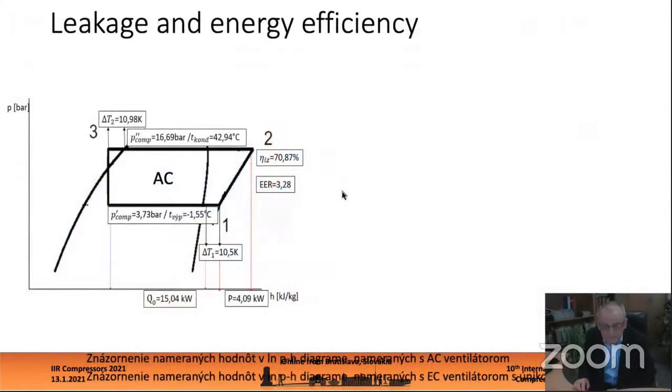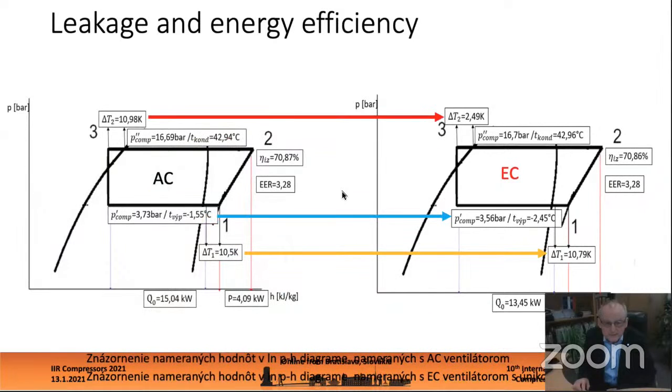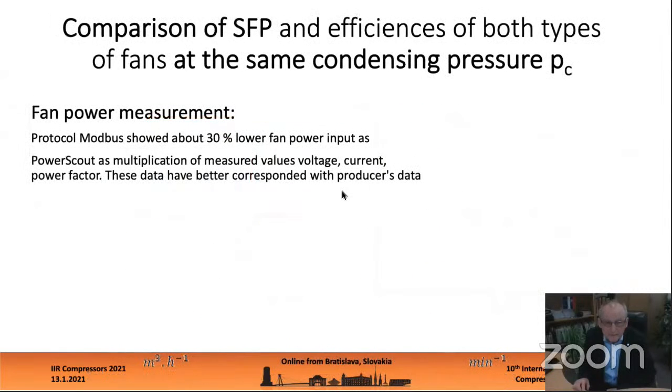All the data were evaluated in pH diagrams, and we have also made a comparison of SFP, specific fan power, at the same condensing pressure. Fan power measurements were done by Modbus protocol and by PowerScout.